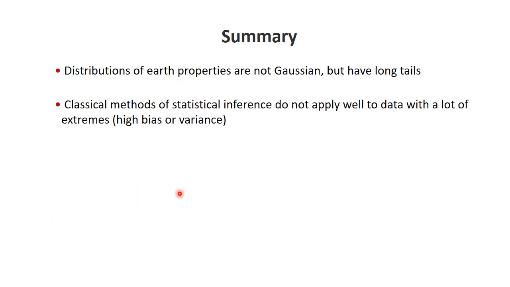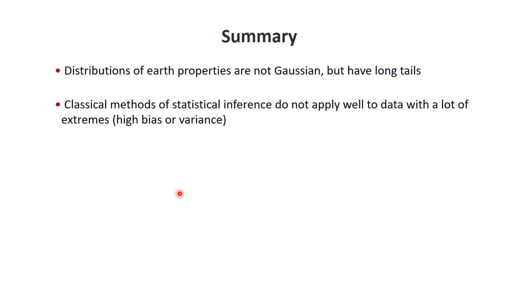Okay, so in summary, why we need extreme value statistics is that, first of all, the distributions of many Earth properties, magnitudes, sizes, are not Gaussian. In fact, they have very long tails, and these long tails are important because they indicate extremes, and these extreme events are often what we need to know, not just the small events.